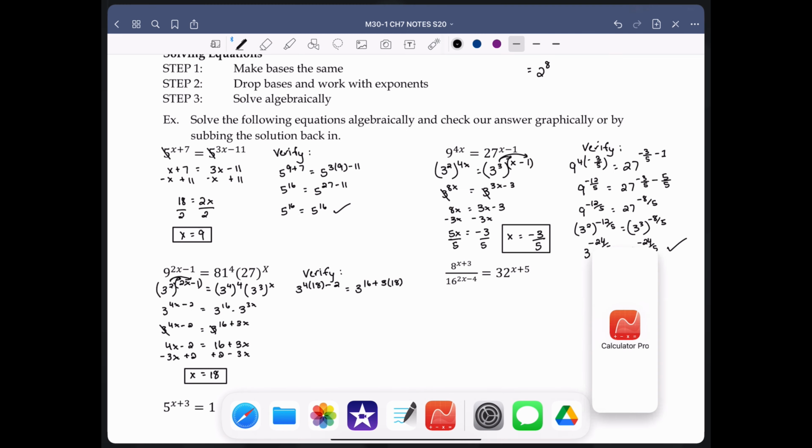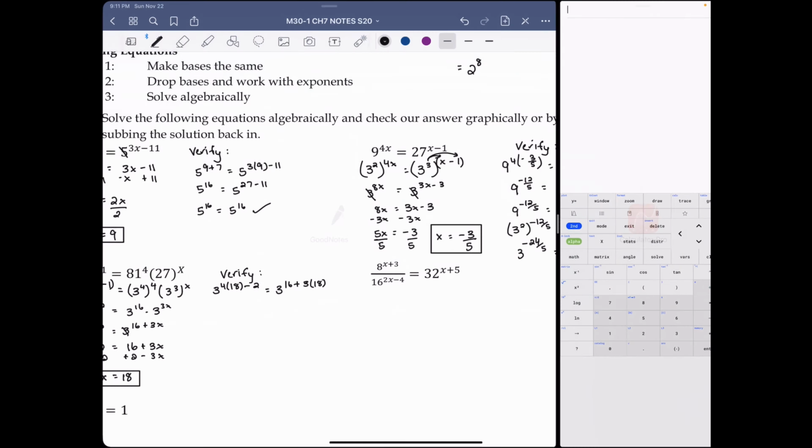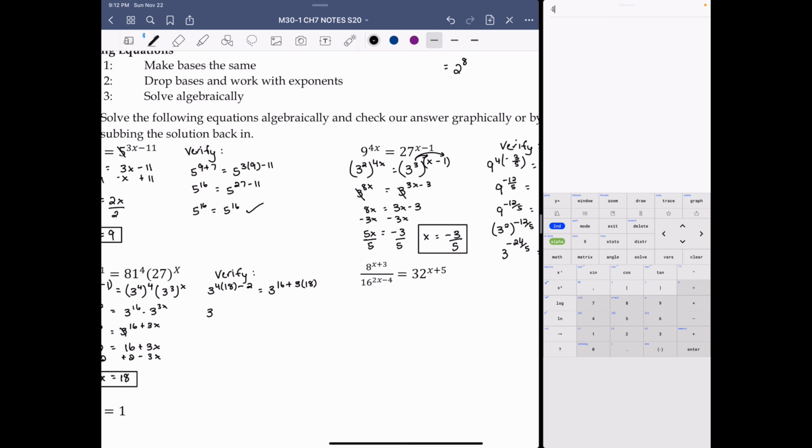Gonna need my calculator for this one. 4 times 18 minus 2 is 70, so 3 to the power of 70 on the left. On the right, we have 3 to the power of 16 plus 3 times 18, which is also 70. So left side equals right side. Therefore, x equals 18 is a solution.